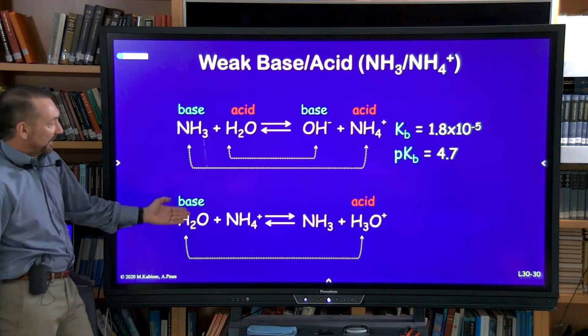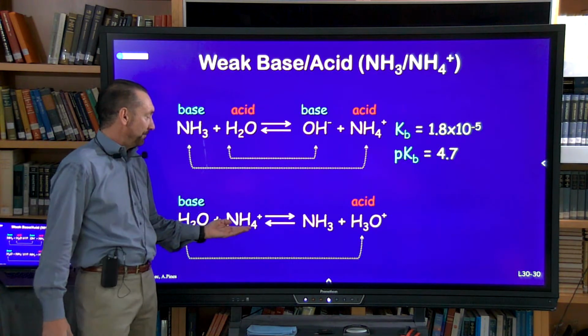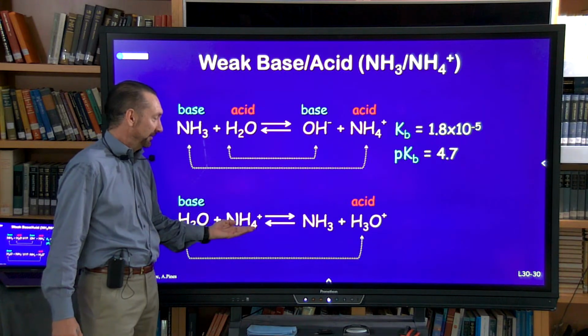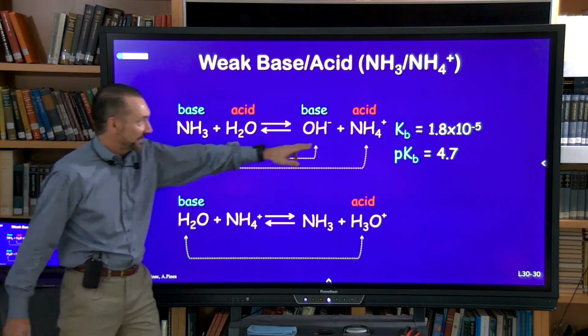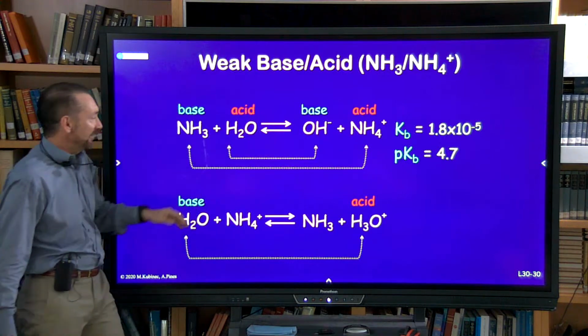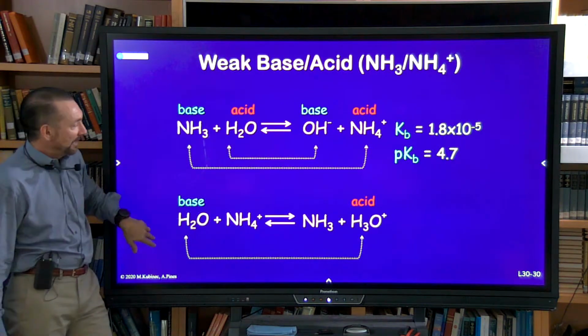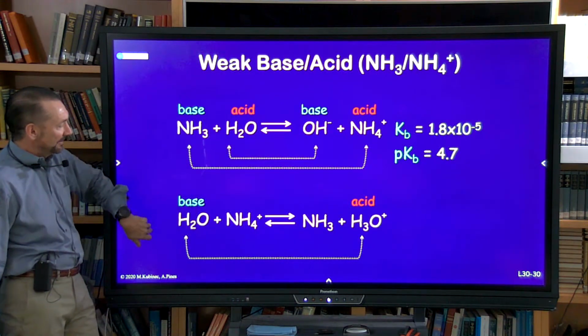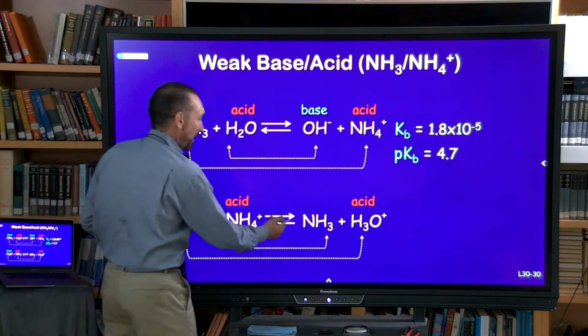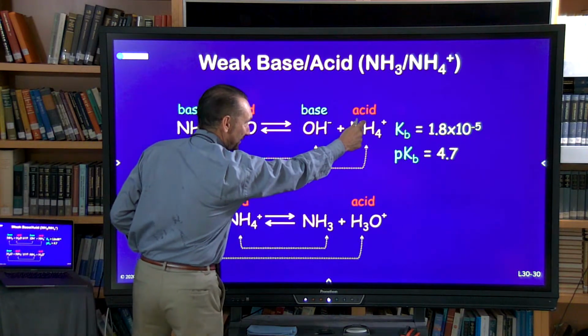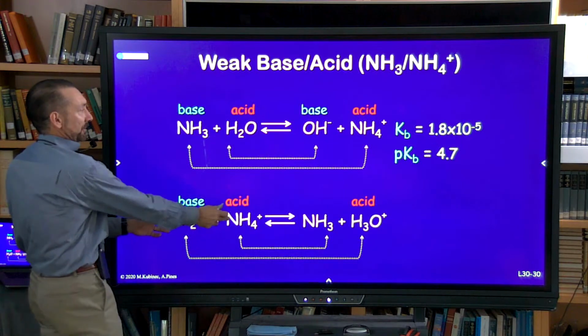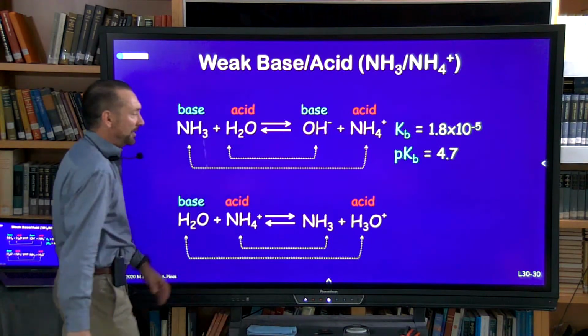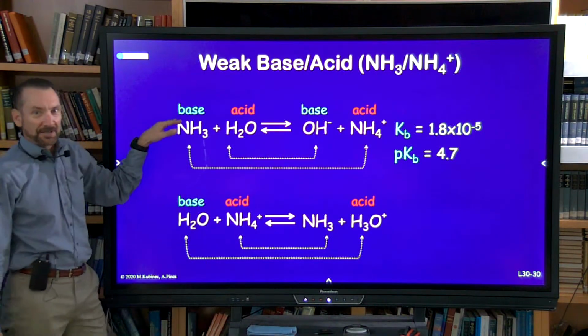So here we are having the weak acid react with water. So that's the conjugate acid of this base. So we're writing it now reacting as an acid. So we're just saying, well, what if we put this NH4 plus in water solution? Notice this isn't the reverse of that reaction.